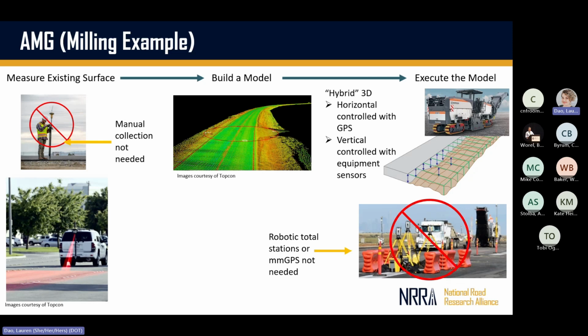We get a really dense point cloud with this LiDAR data. It's really safe. We can drive at traffic speed in live traffic with it, which is really huge. So we can get all of our information quickly with this LiDAR equipment, and then we can build our model with that.